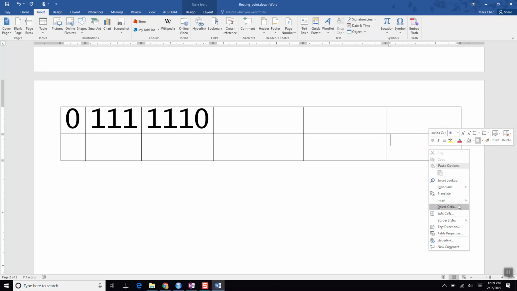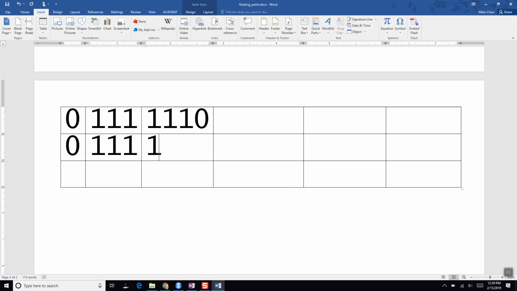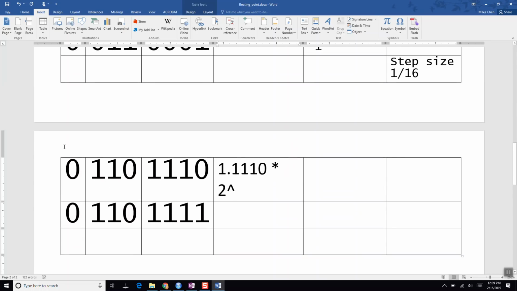So here I have 1.1110 times 2 to the 3, and this turns out to be 15.